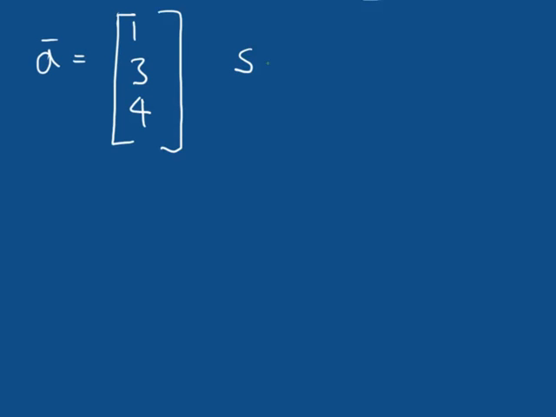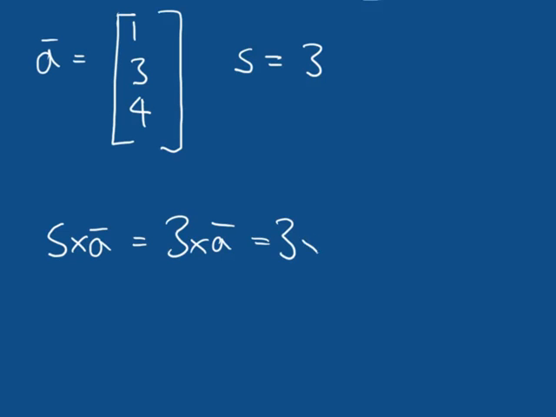So if I had a vector a, and that vector was equal to, I don't know, 1, 3, and 4, and I had a scalar value which I'm going to call s, and that scalar value was equal to 3, let's say, then s times a is going to be equal to 3 times a, which is equal to 3 times our vector 1, 3, 4.